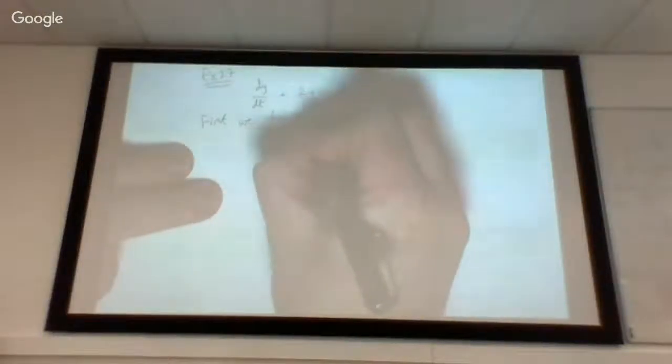Okay, so the first step will be to take the transform of the whole equation. I'll make it very careful, step by step.